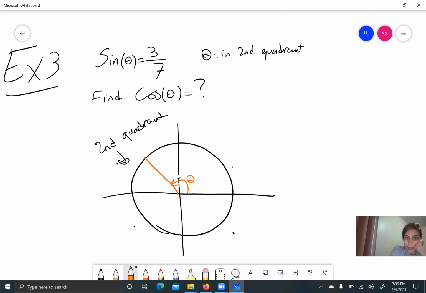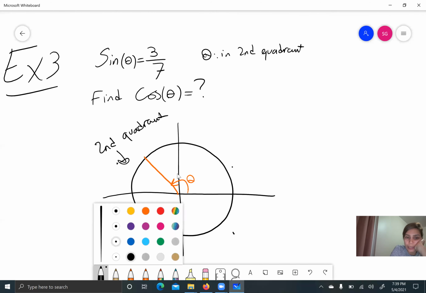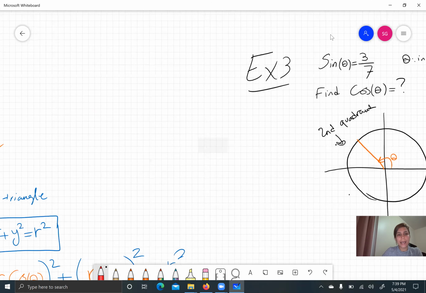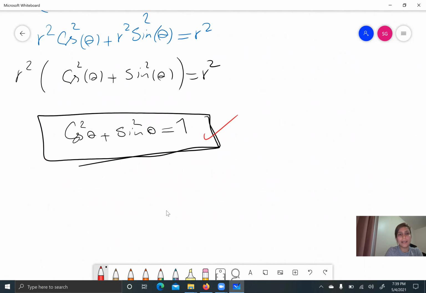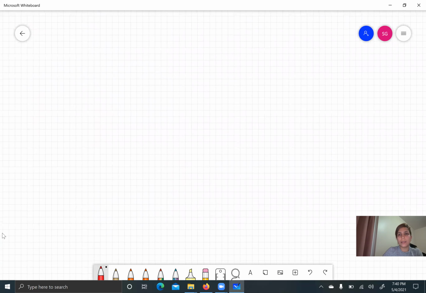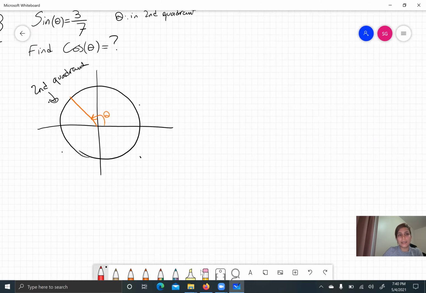And I know the sine, but I don't know the cosine. And I know the relationship between sine and cosine of an angle, the trig identity that we just learned: the sum of sine square and cosine square is 1. So I'm going to use that identity to find this.